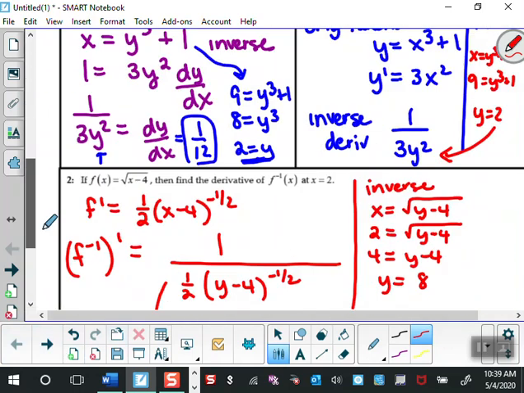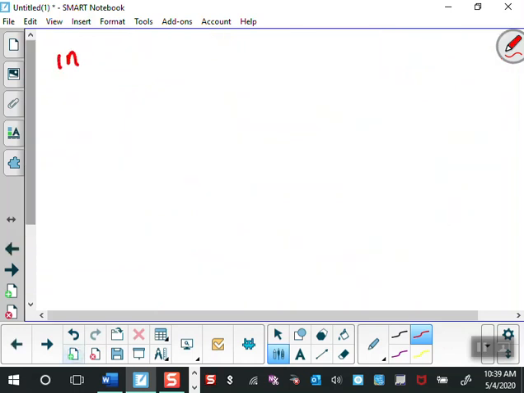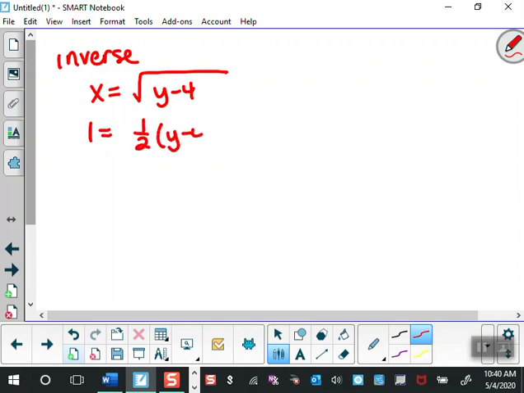If I wanted to do this without remembering this shortcut, okay, my inverse is that x equals the root of y minus 4. So 1 equals 1/2 (y minus 4) to the negative 1/2 times dy/dx.